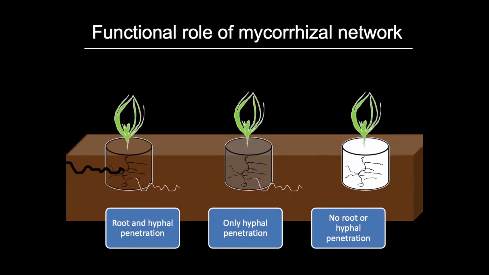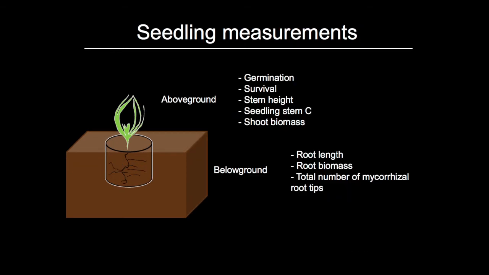If we look a little closer at each of these treatments, the first treatment allows root and hyphal penetration. The second treatment only allows hyphal penetration to either the lodgepole or the white spruce seedlings. And in the third treatment, there is no root or hyphal penetration. A number of seedling measurements will be taken on each of these treatments.